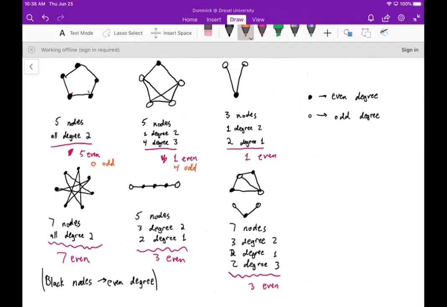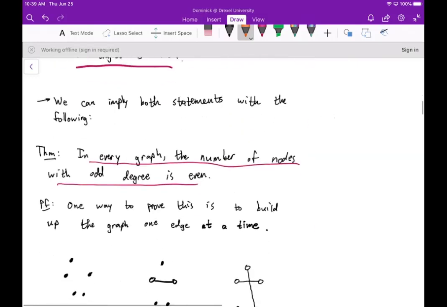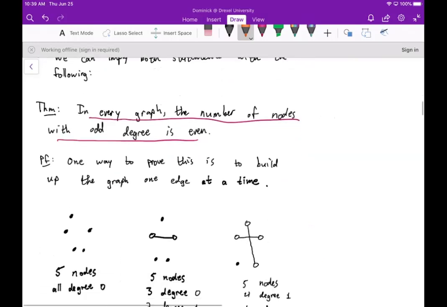We have 2 odd, 0 odd. Here we have 2 odd. And here we have 4 odd. Okay, so it looks like in any graph, the number of nodes with odd degree is even, right? At least just based off of what we've conjectured.